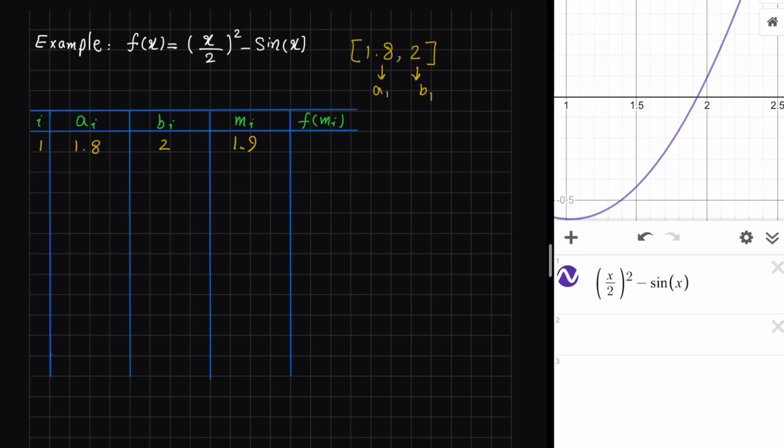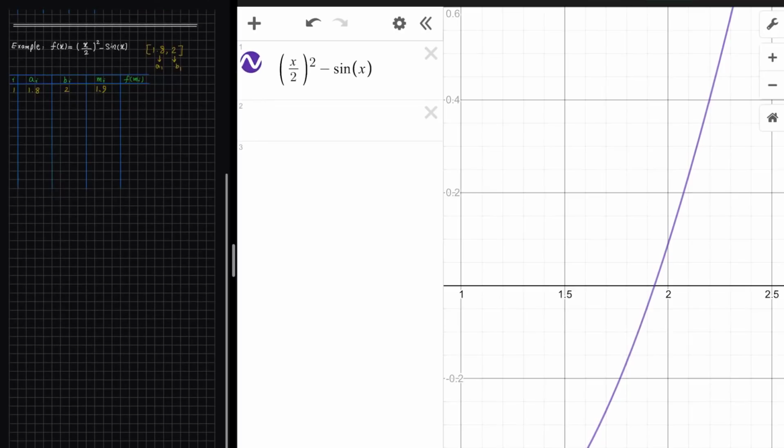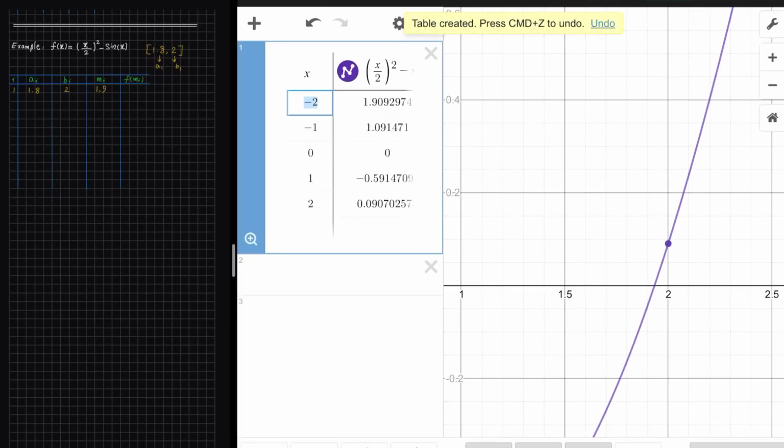So we get back to our calculator. We have different values here by default by the calculator, but on the first row, we just enter 1.9. Okay. And that 1.9 is also shown here in the graph.